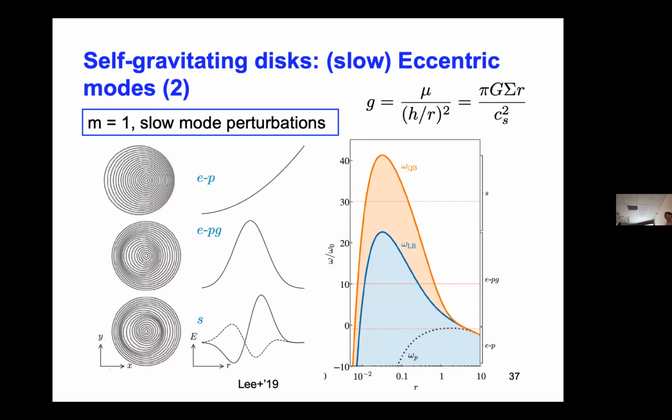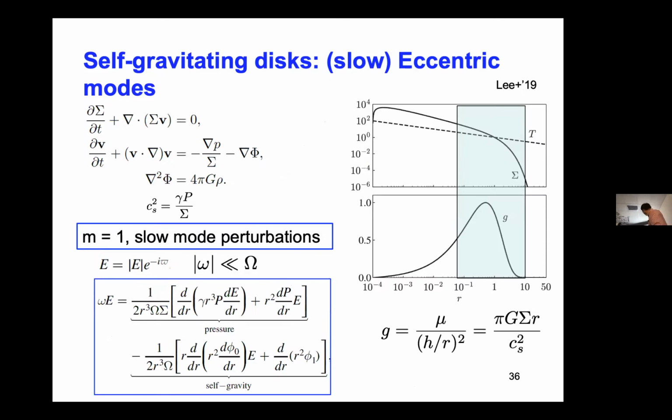So, again, what's special about this eccentricity thing? It's being trapped, because without the G, if the profile, if the sigma keeps on going, you will not trap those modes at all. Those modes don't get excited at all.